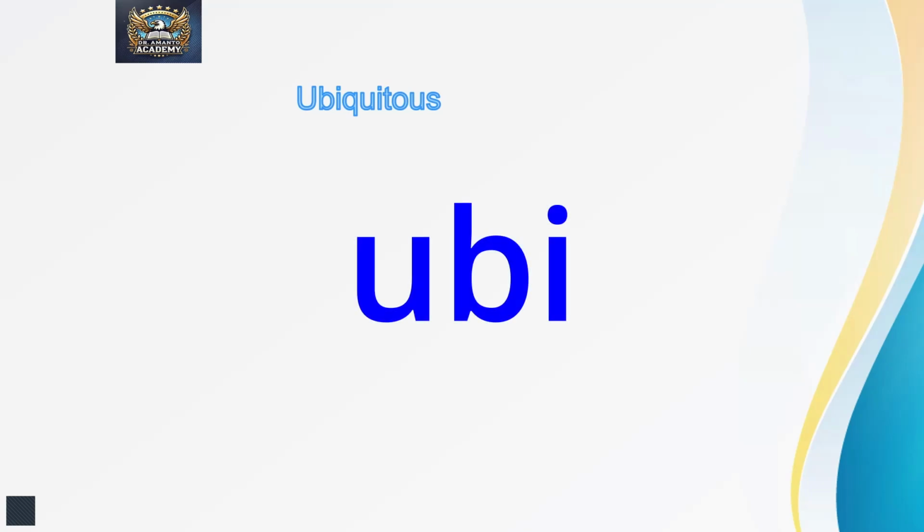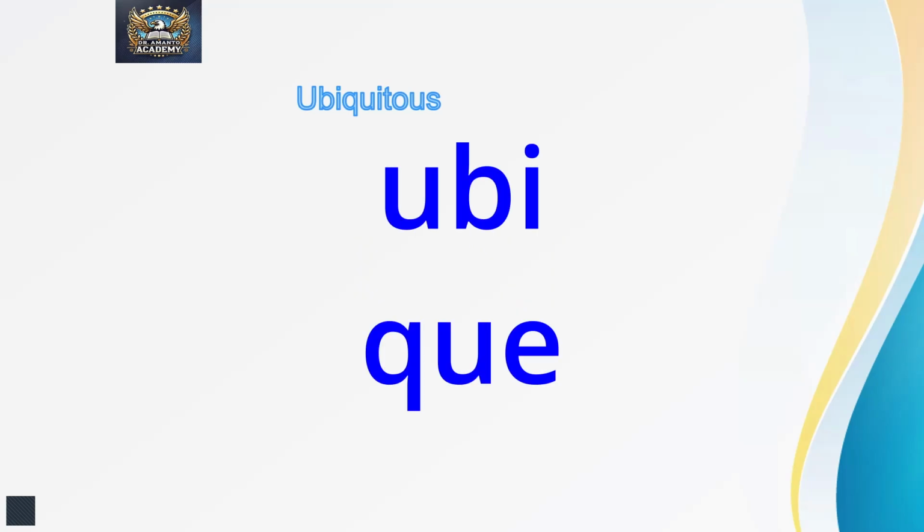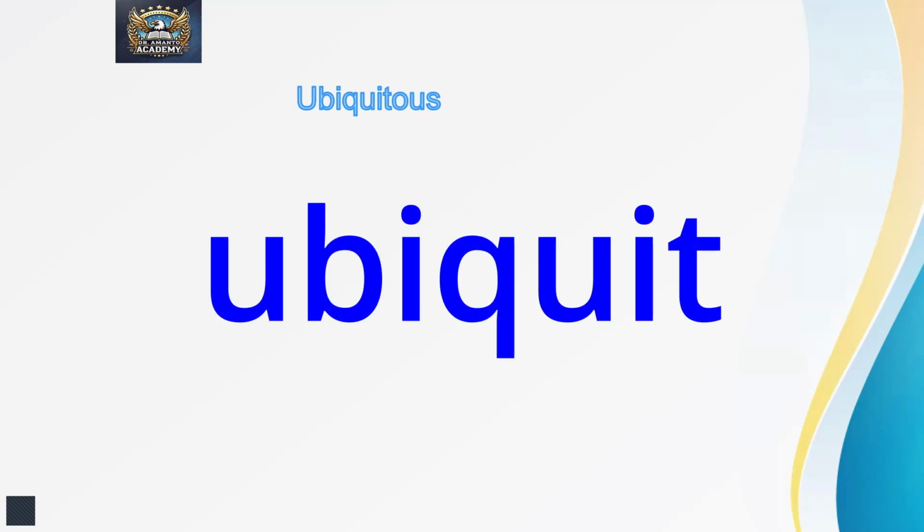Ubiquitous. Ubiquitous comes both from Latin and Greek. Ubiquitous, ub, means like place and where, something like this. And quitus means any. Ubiquit is something like anywhere or everywhere, we can say.